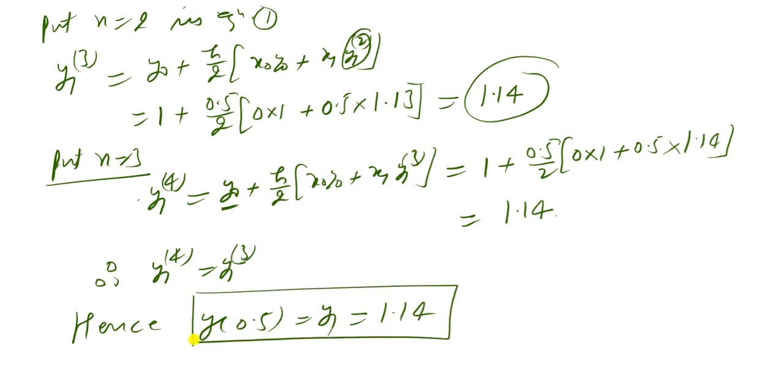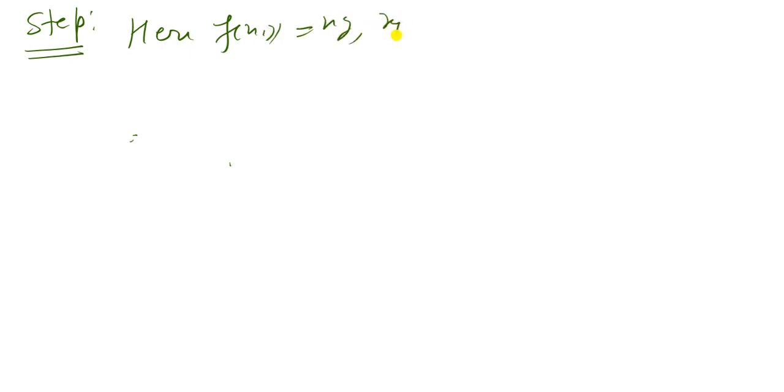Now in step 1 we obtained the value of y at x is equal to 0.5. Now in step 2 we compute the value of y at x is equal to 1 by using step 1. Here f of x, y is equal to x y, x1 is 0.5, y1 is 1.14 and the given step size h is equal to 0.5.